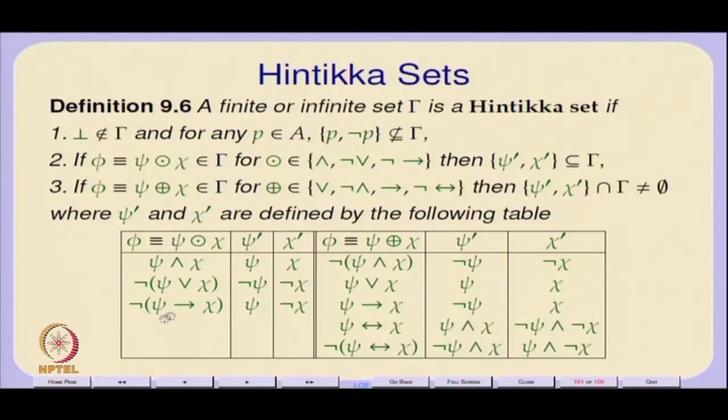So, this is the way the saturation proceeds. If there is a formula of the form psi and chi, then include both psi and chi in the set, that is from step 2. If a formula is of the form psi or chi, then choose one of them and put that in the set.